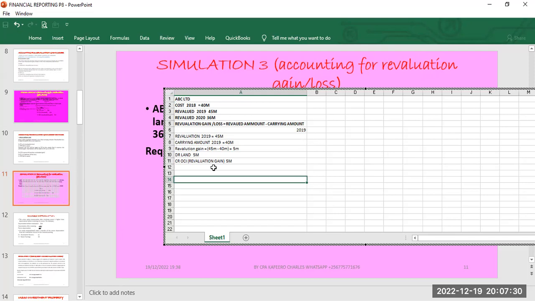But what you have to understand is that these OCI, other comprehensive incomes, are incomes that were there, but they were not a result of the operating activities. They're not the day-to-day operating activities of the company. Those are the incomes we put there. The revaluation gain, because in the normal situation, you are not supposed to be having these revaluation gains and losses. That's why they are taken to the balance sheet under equity.